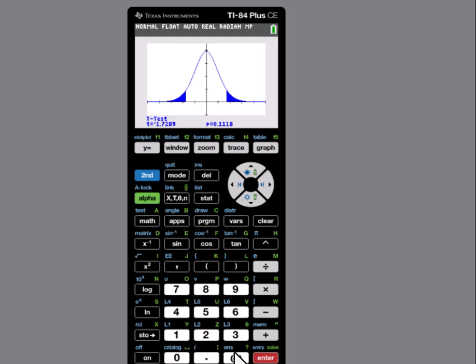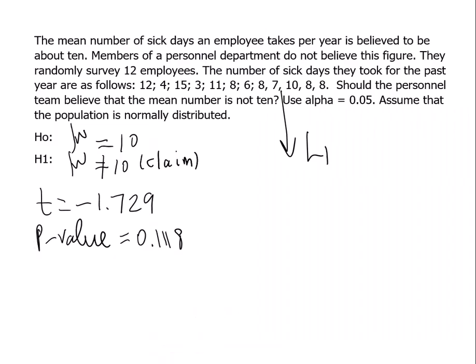So the test statistic is negative 1.729, 3 decimal places, and the p-value is 0.1118. So as you notice, 0.1118 is bigger than alpha. So we fail to reject H0.